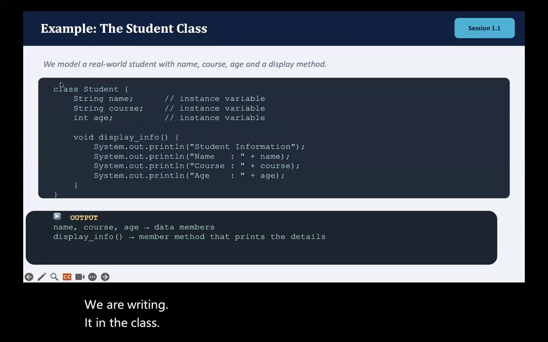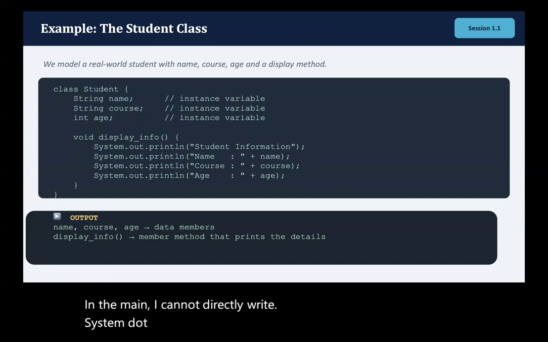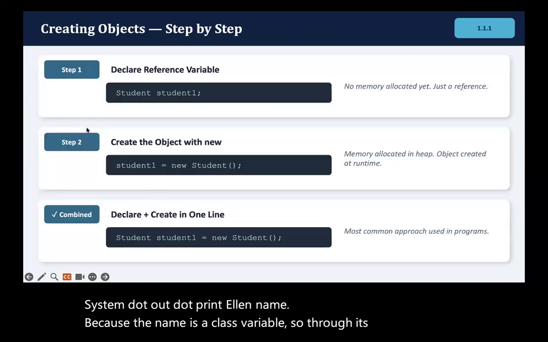Here I'm declaring name, course, and age. But if I want to display it in the main, I cannot directly write System.out.println name, because name is a class variable. Through its object, I can access it.